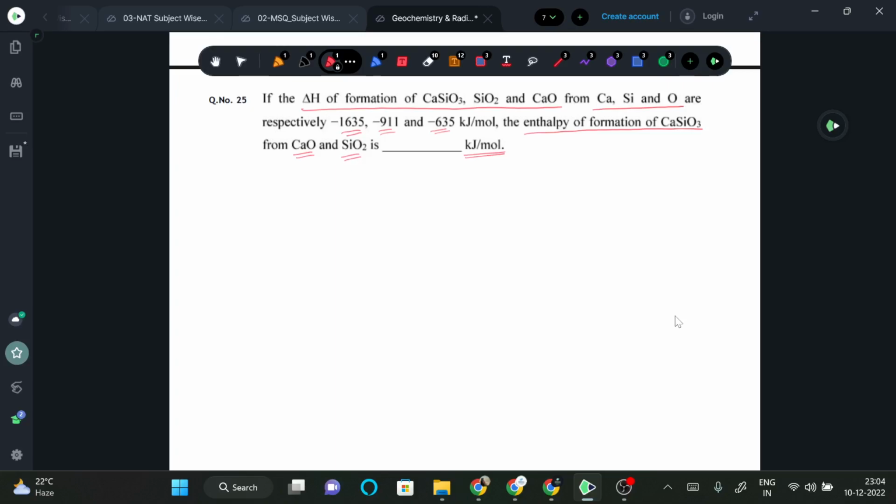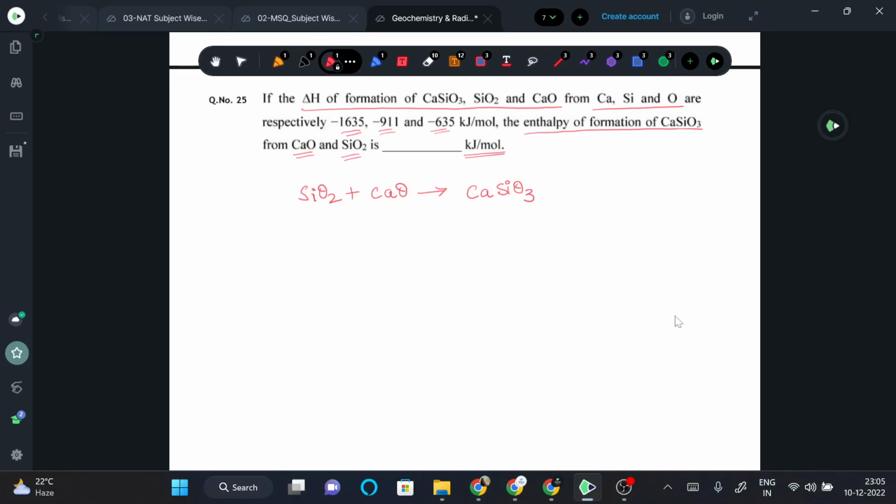So firstly, let's just write it in reaction form. We have SiO2 plus CaO giving us CaSiO3. This is what we are getting from this reaction.